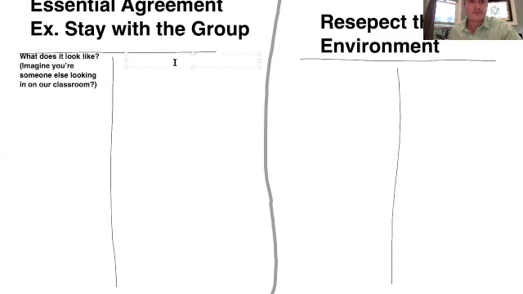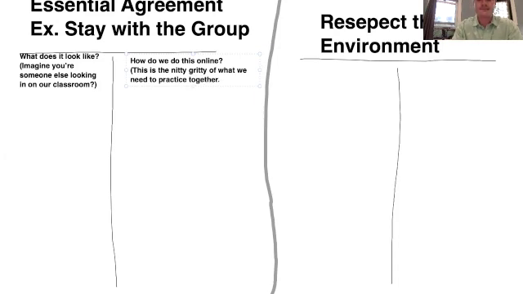And then, how do we do this online? This is the nitty-gritty. It's fun to spell, fun to say, nitty-gritty. This is the nitty-gritty of what we need to practice together.